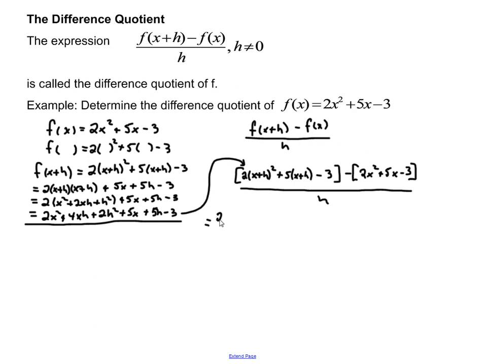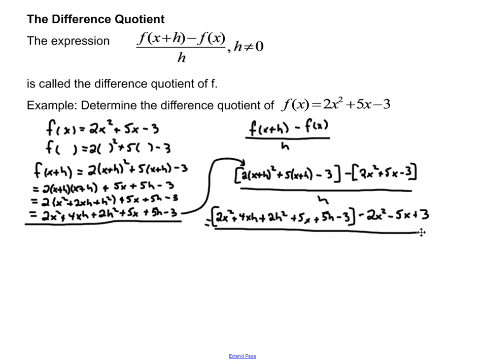And we're going to have 2x squared plus 4 times x times h plus 2h squared plus 5x plus 5h minus 3, that's our first quantity here in these brackets, minus the quantity I'm going to distribute now, 2x squared minus 5x plus 3, all divided by h.